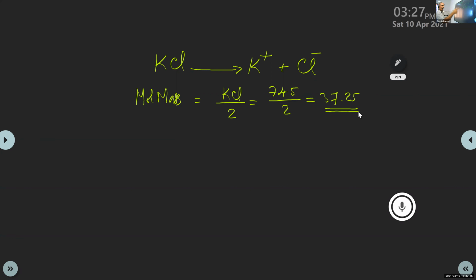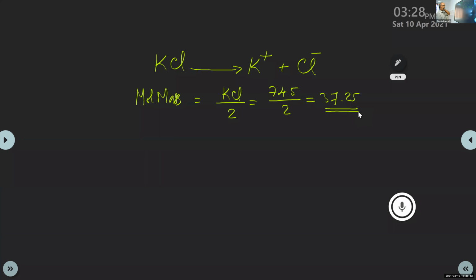See, that value is just half of the actual, the normal molecular mass, 74.5. The calculated molecular mass is only nearly 37.25.